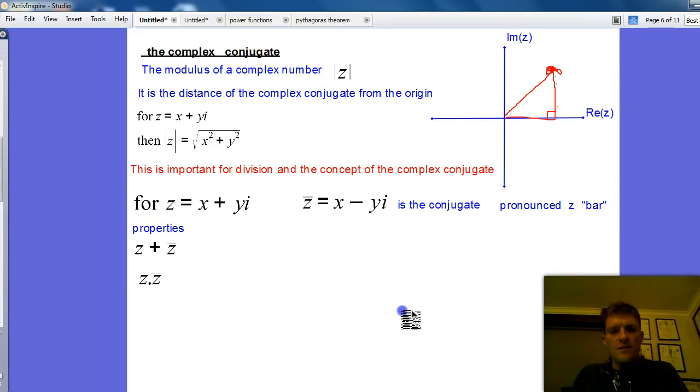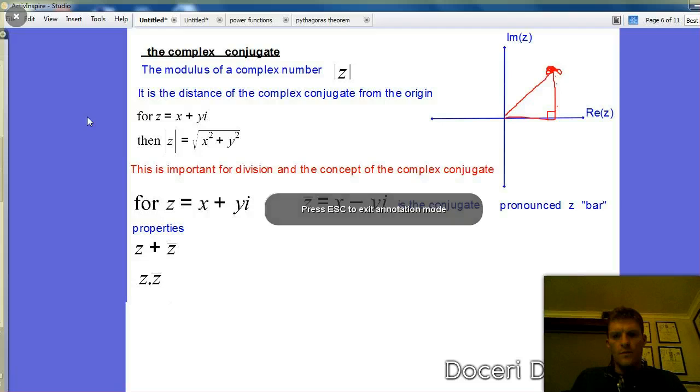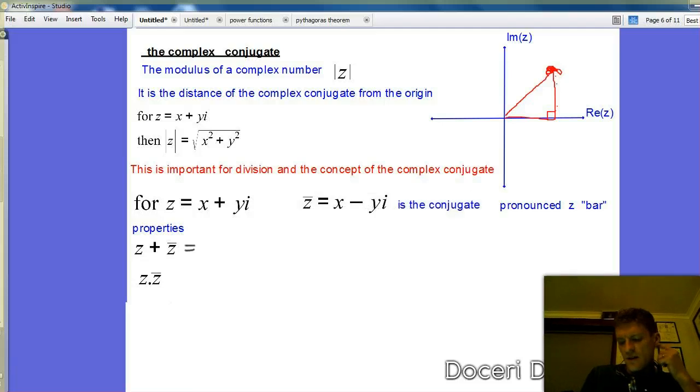So some properties of a complex conjugate, let's examine them. We've got two situations here. One is z plus z bar, and the other one is multiplication. Let's take the general sense of any complex number, x plus yi, that's z.